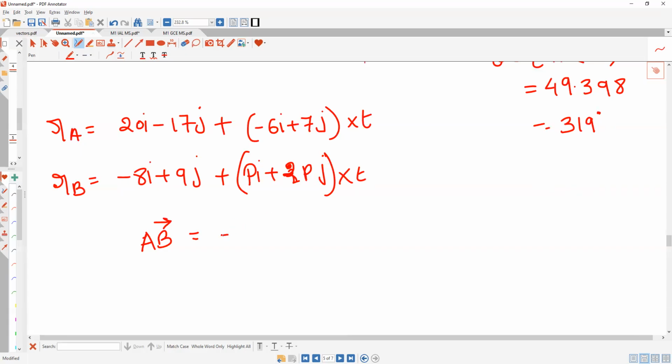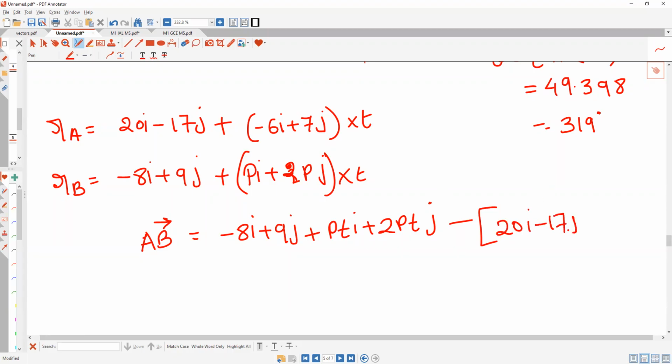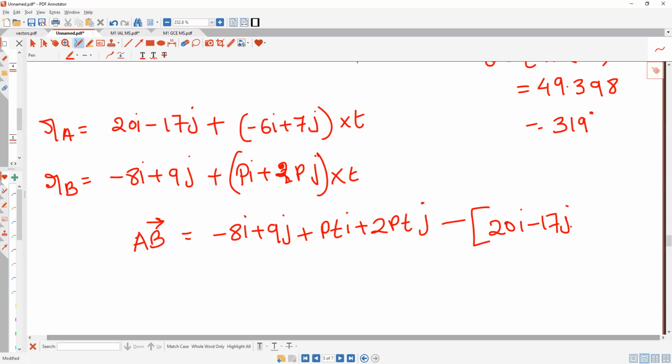That's going to be minus 8i plus 9j plus pti plus 2ptj, minus the whole thing, 20i minus 17j, then minus 6it plus 7jt.